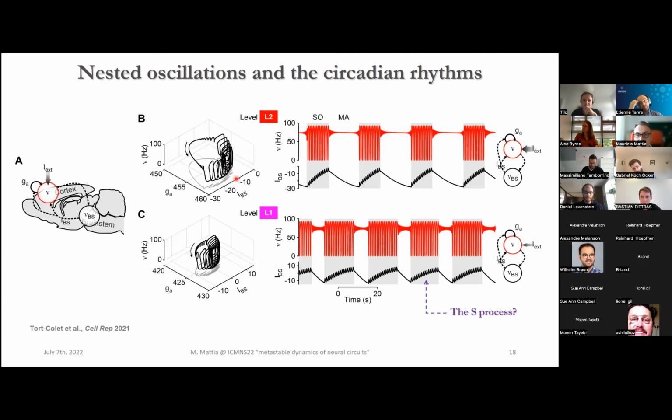Let me tell you that the statistics of the residence time in the slow oscillation and microarousal states should be strongly related to the size of this fluctuation, so to the size of the underlying network. So we are also expecting to see phenomena like stochastic resonance, and in particular, this might be also a way to estimate the size of the local circuits in some way.